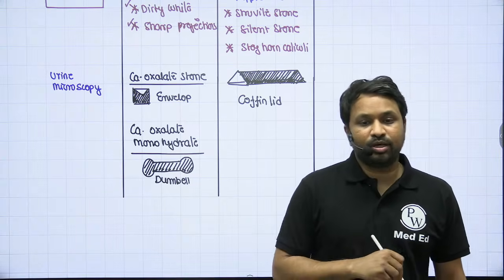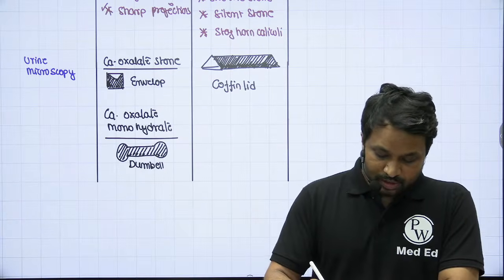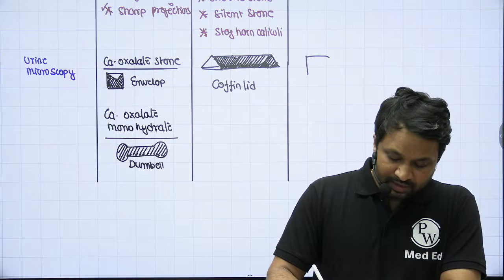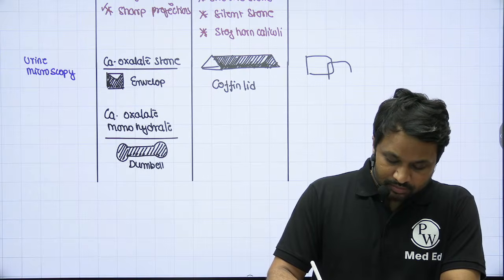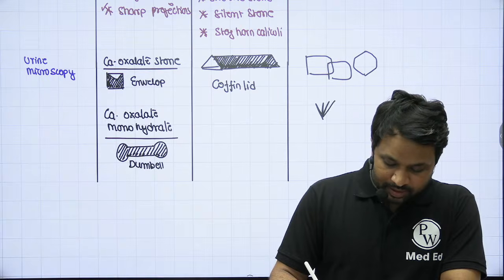This is going to be the coffin lid, right? And your uric acid stones, either they will be multi-faced, something like this, or they will have a rosette pattern.